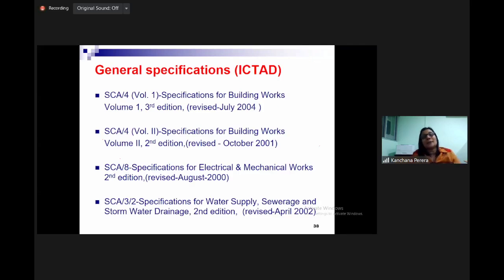These are general specifications. You just name these in your tender document. Contractor must have copies which are bought from ICTAD or CEDA, right? We just give the reference in our bid document.